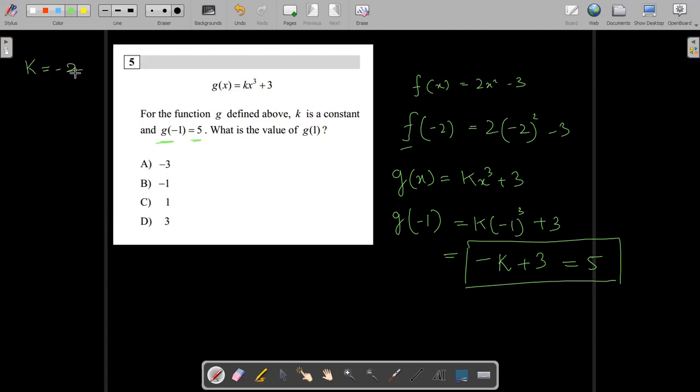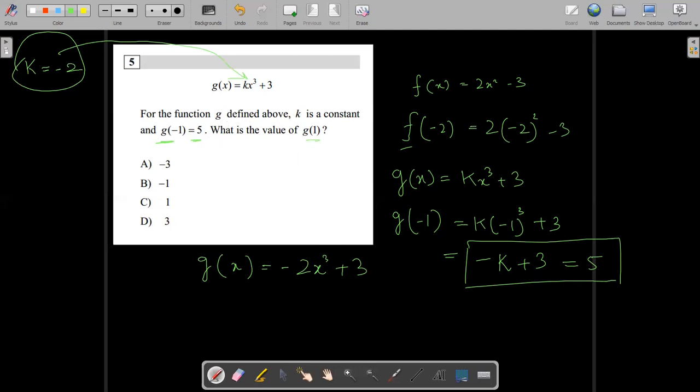Now we got the value of that constant, right? Now the question becomes easier for us. We can plug in the value of k as -2 here, and we will see g of x is actually -2x cubed plus 3. So this is the actual question in which there is no constant, no k.